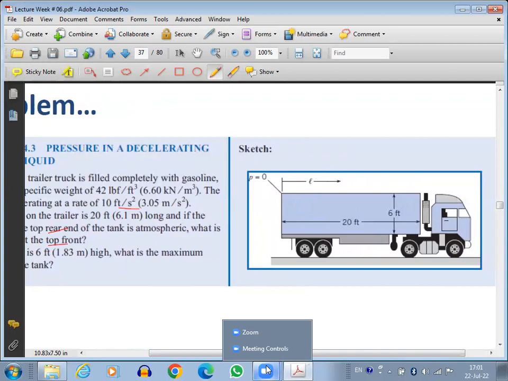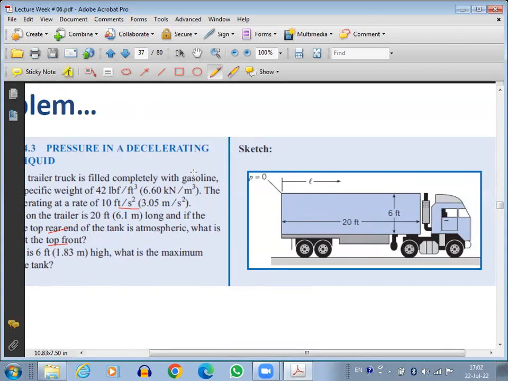Okay, so the first thing is that we need to understand the problem statement. We have this tank. The tank was moving at a very high speed. I don't know what the speed was, it's not mentioned, but it is decelerating. Somebody has applied the brake on the tank, and when the brake is applied, the tank's speed will slow down.